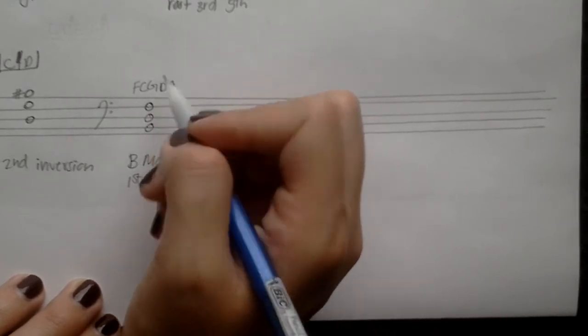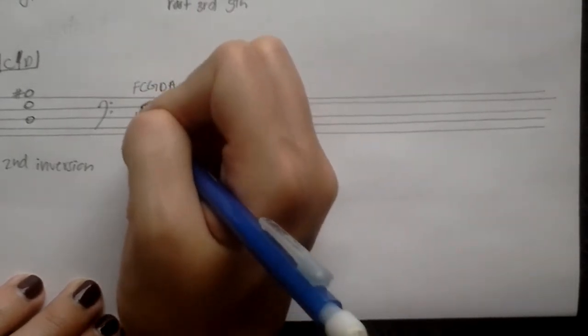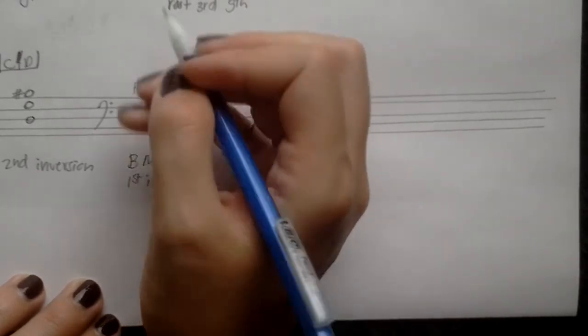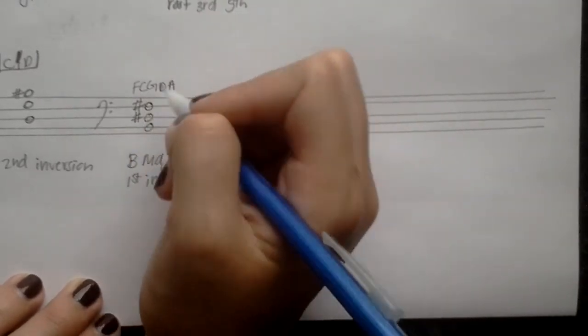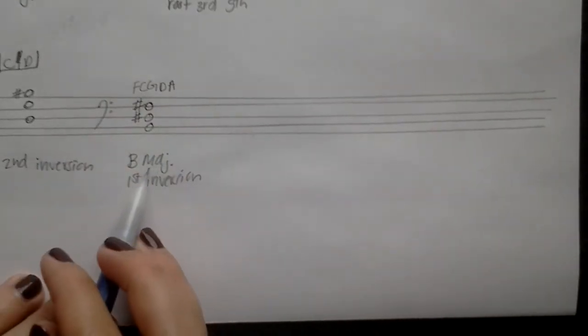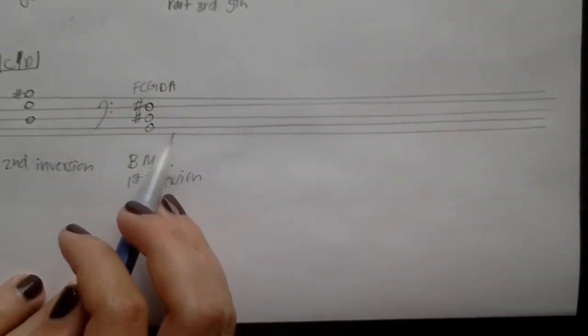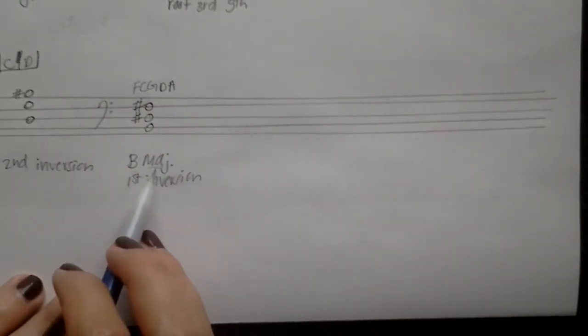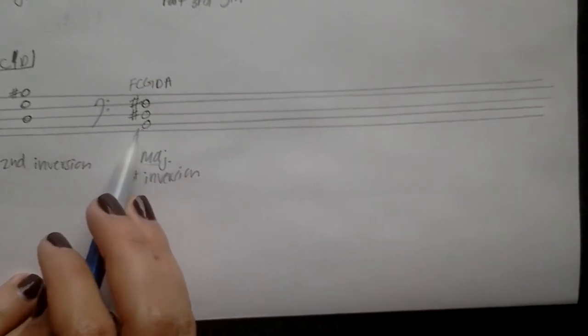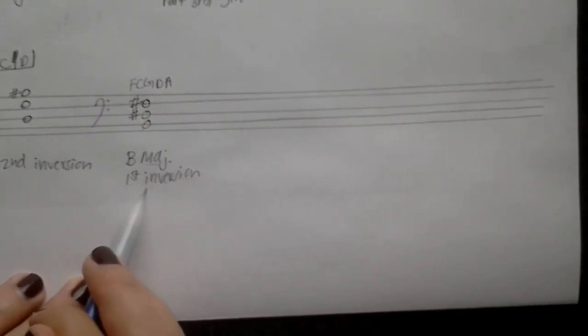D is in our key signature, so we have to sharp D, and F is in our key signature, so we have to sharp F. That's because we need a major triad.